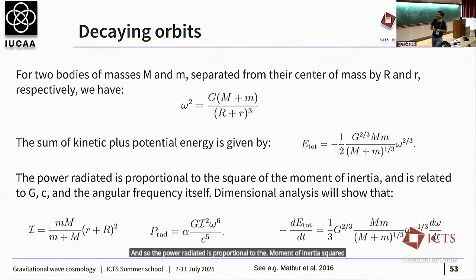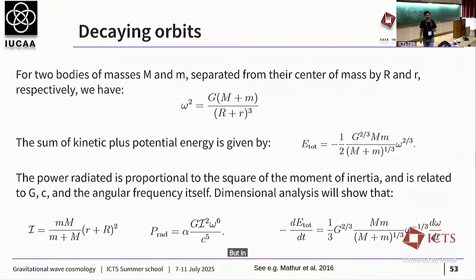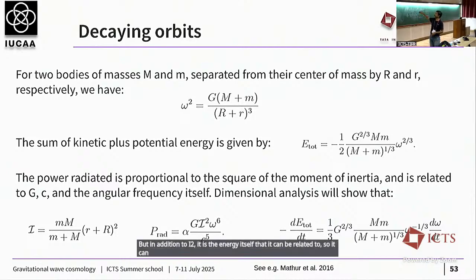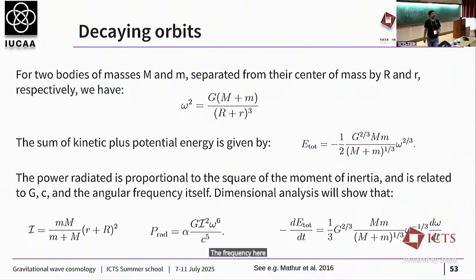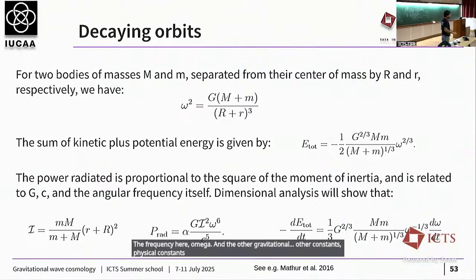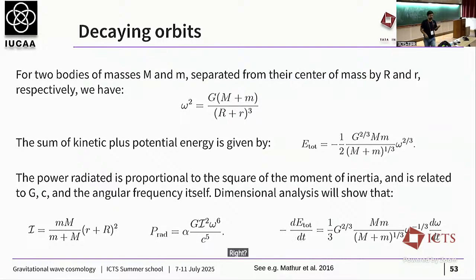So the radiated power in gravitational waves should be related to I square, but in addition, it can be related to the frequency omega. And the other physical constants that remain are the gravitational constant and the speed of light. So it can only depend upon these quantities: G, c, I square, and then omega to some power.